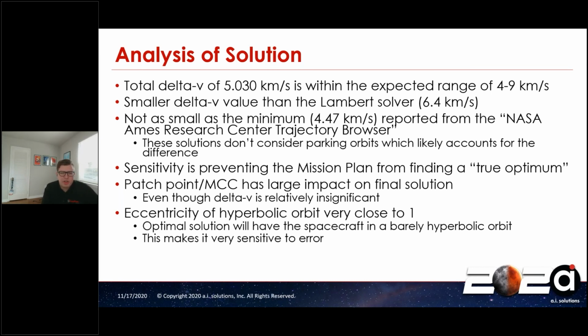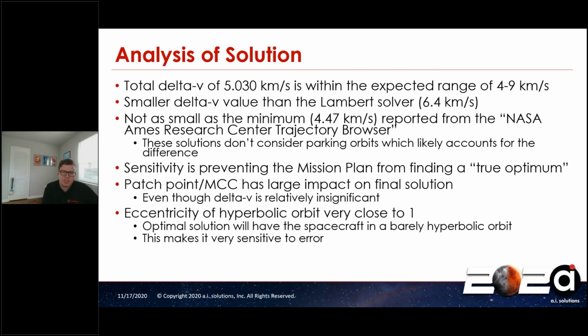The next thing worth noting is sensitivity is preventing the mission plan from finding a true optimum. So I alluded to this a little bit earlier, that the solution does not actually converge, rather exits out after it reaches 4,000 iterations. And this is due to the sensitivity in the transition largely from hyperbolic to elliptical orbit.